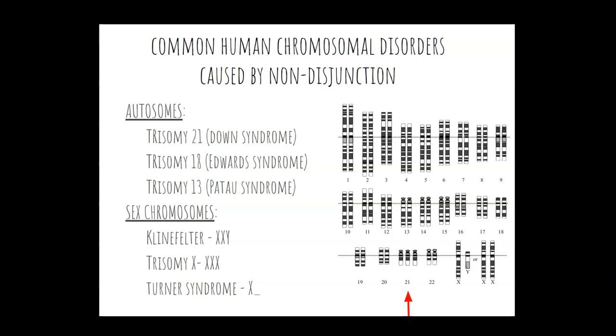Now, in normal females that have 2 copies of the X chromosome, we don't actually use both of those copies of the X chromosome. The body takes one of them and scrunches it up like a piece of paper into something called a bar body. And it only uses one of those copies of the X chromosome.